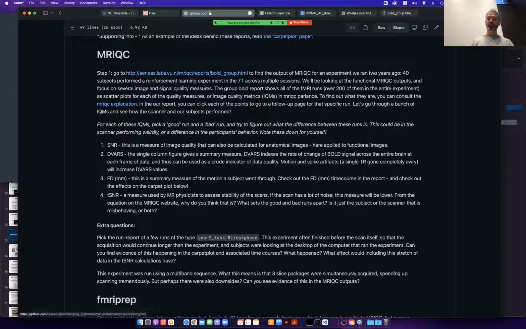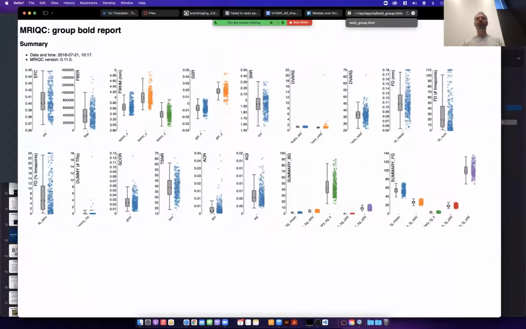The file that you want to focus on is bold_group.html, which gives you an aggregate of all of the information that MRIQC has amassed, running through an entire experiment of 40 subjects, each with 7 or 8 different functional runs.